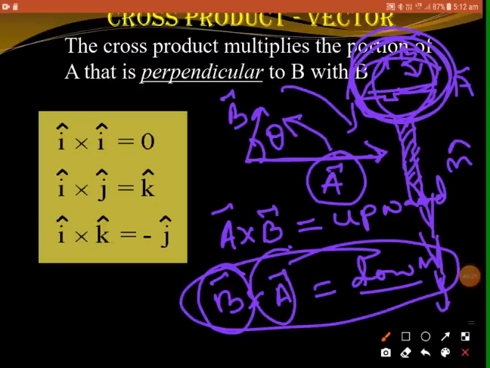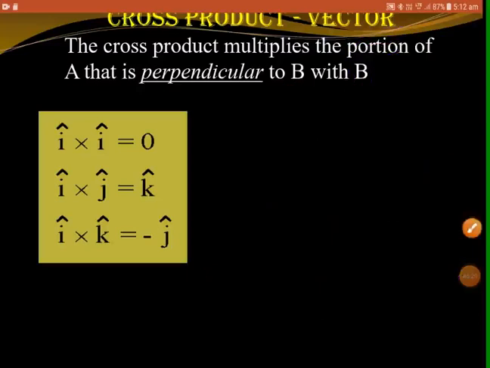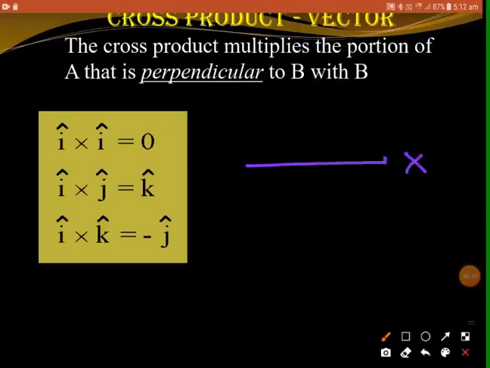So now if you are using this formula, let's see. If this is taken as i, that means the x-axis, and your y-axis here, and you can take this as the z-axis.